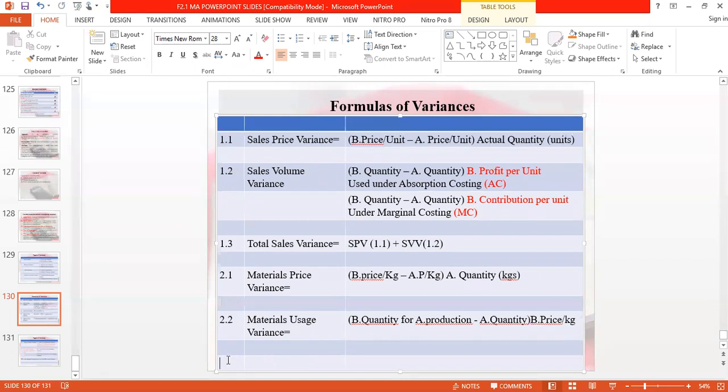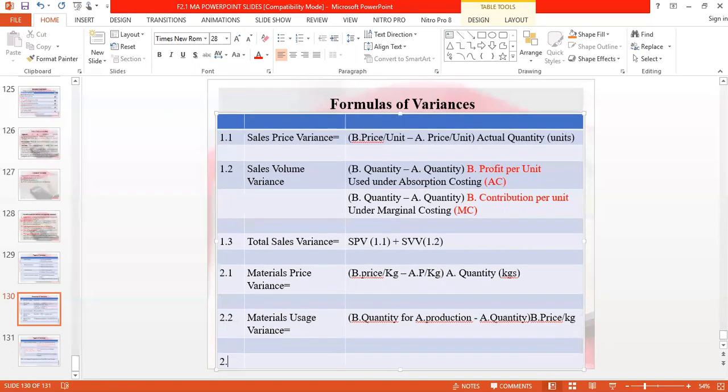here, 2.3. So 2.3 will be total material variance.